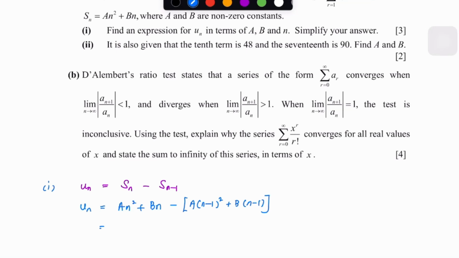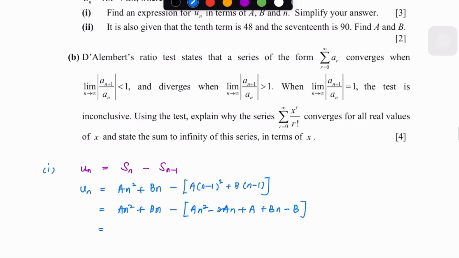So with this, we have an square plus bn minus, an square minus 2an plus a, plus bn minus b. Expand out nicely. Before we simplify, this will minus this, bn minus bn. So we have 2an minus a plus b.